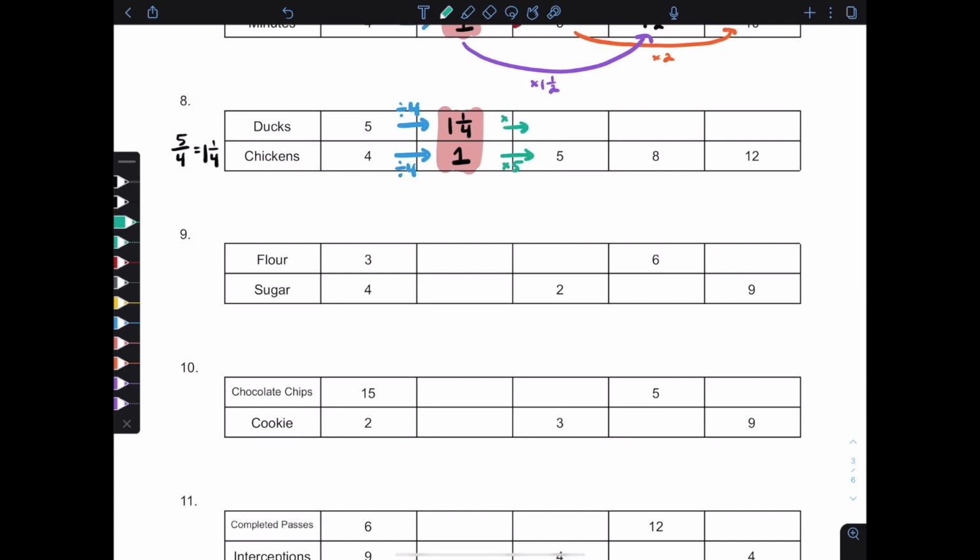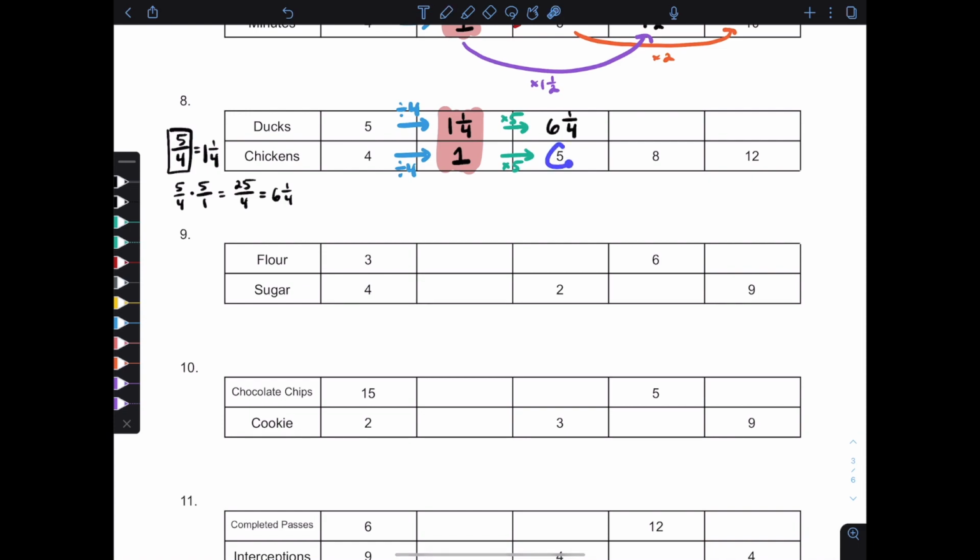And this is also times 5. 1 1/4 times 5. Well, we know 1 1/4 is still this 5 quarters. So we'll take the 5 quarters and multiply that by 5, which is 5 over 1. That's going to be 25 quarters. And 4 goes into that 6 times with 1 left over. So that's going to be 6 1/4.